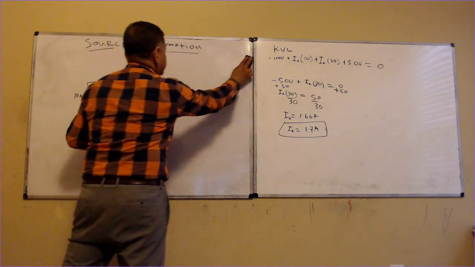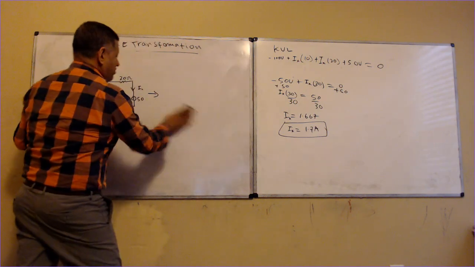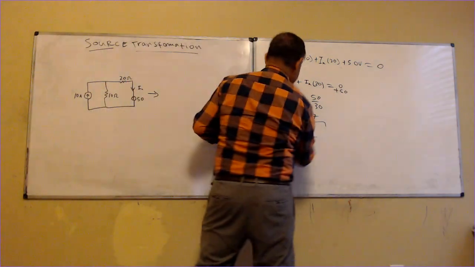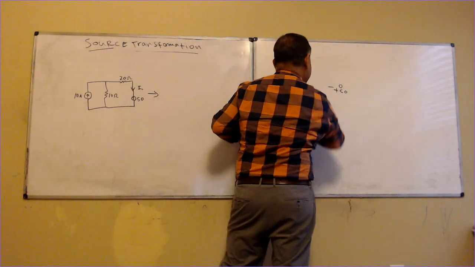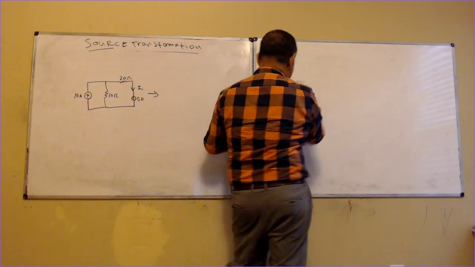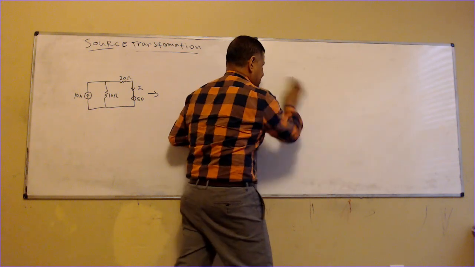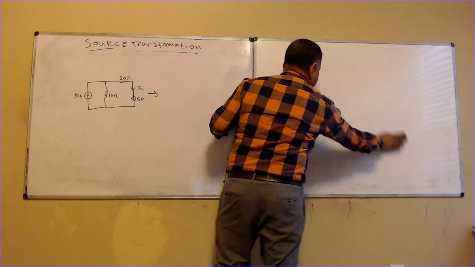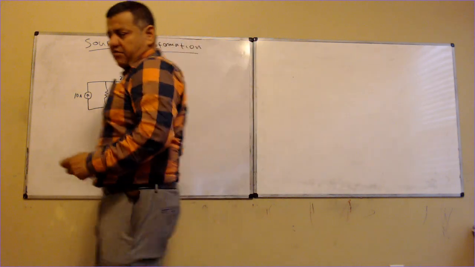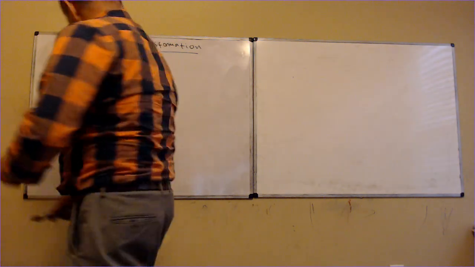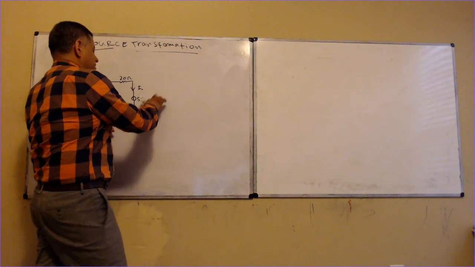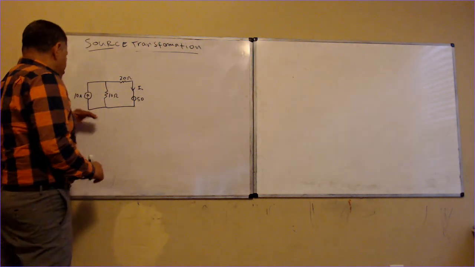Let's do it with superposition. And this is the thing that I'm talking about: when you're doing this, you need to find out which way would be the easy way for you to solve a problem, as long as you get the right answer. Now this is the circuit.